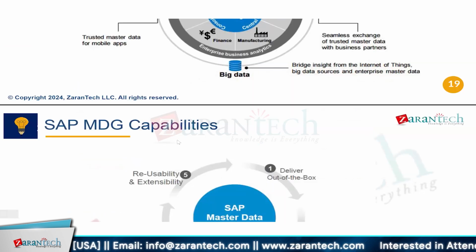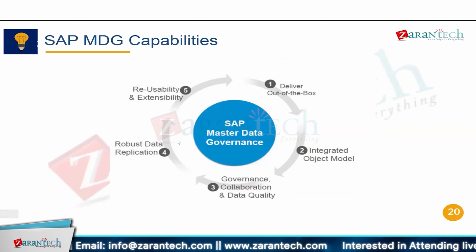Okay. So the capabilities we just discussed: there are out-of-box objects, and you can start implementing those, and at the same time you can also create your custom objects. It supports the extension of the master data and integration.